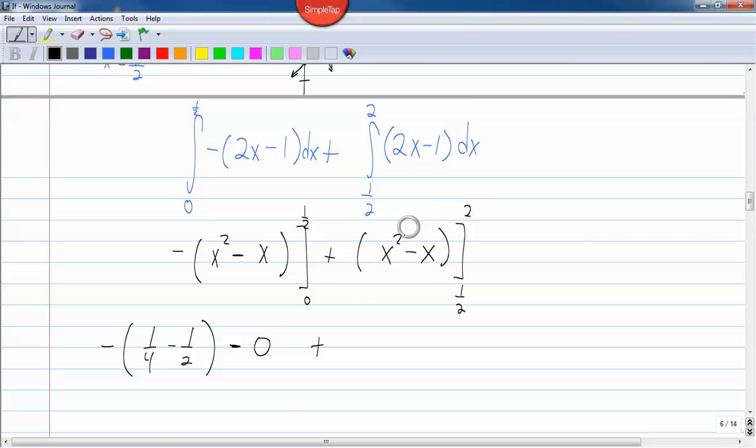Plus, plug in the 2. It's going to be 4 minus 2 minus, now plug in the 1/2. It'll be 1/4 minus 1/2.